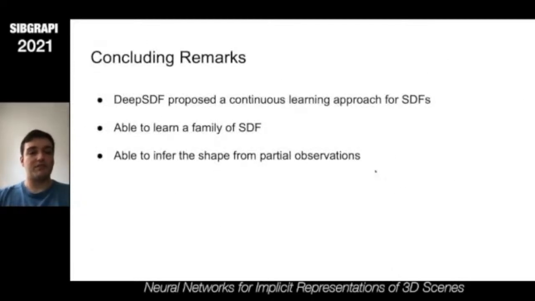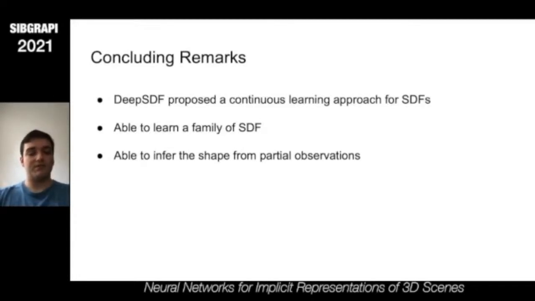Some concluding remarks about DeepSDF. One of the most important results is that DeepSDF is able to generate a continuous approximation of signed distance functions, as opposed to other approaches at the time that mostly discretized the input domain in some manner, usually by simple voxelization.